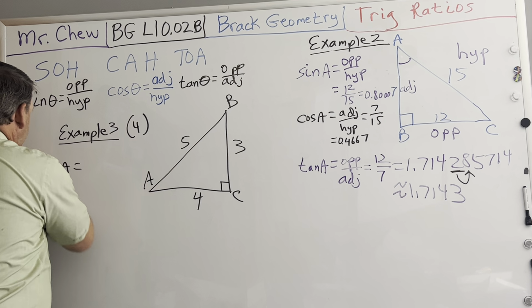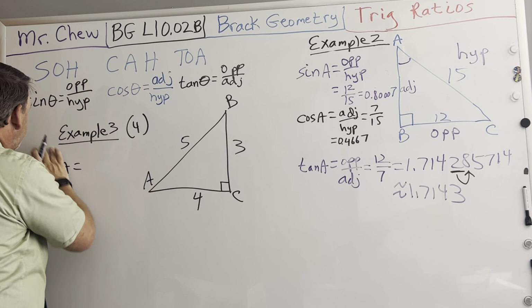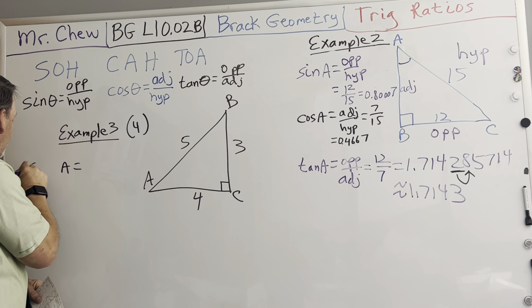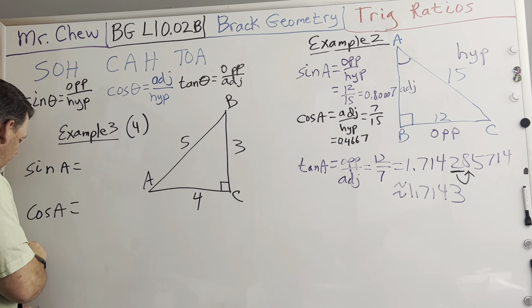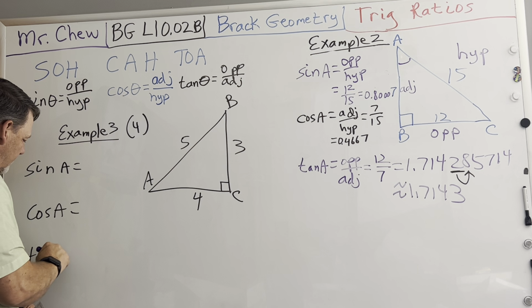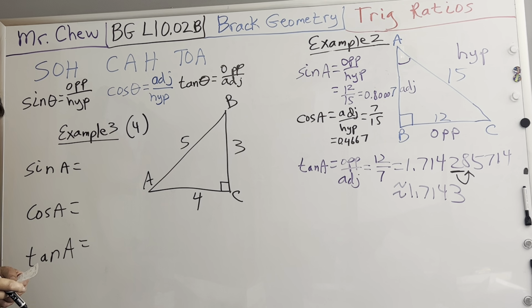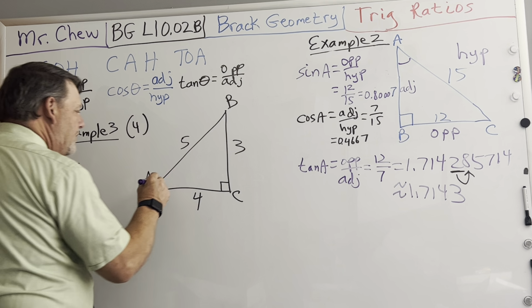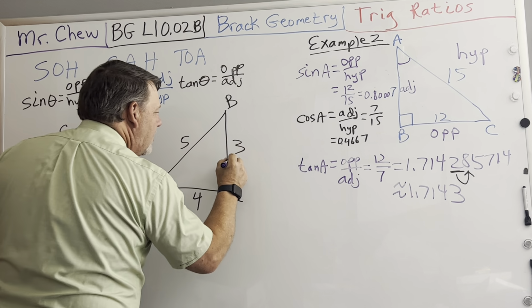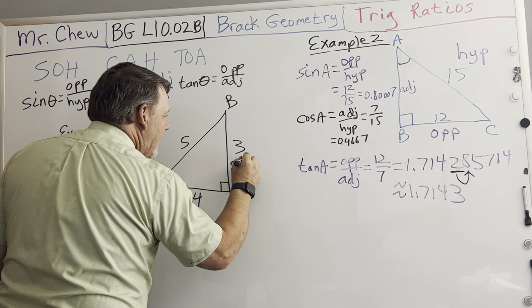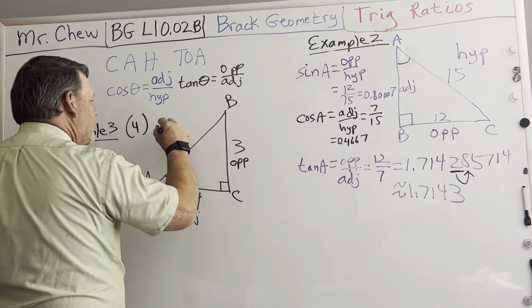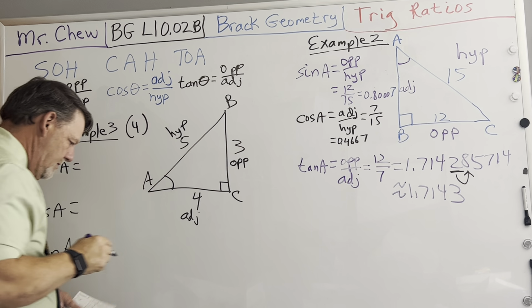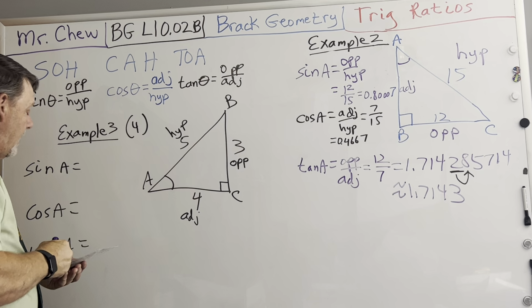It wants sine, cosine, and tangent of A. So it's doing all the same angles. All right, so if we're dealing with A, you need to know that this is opposite A, this is adjacent to A, and this is the hypotenuse. And now we're just going to refer up to all of them.